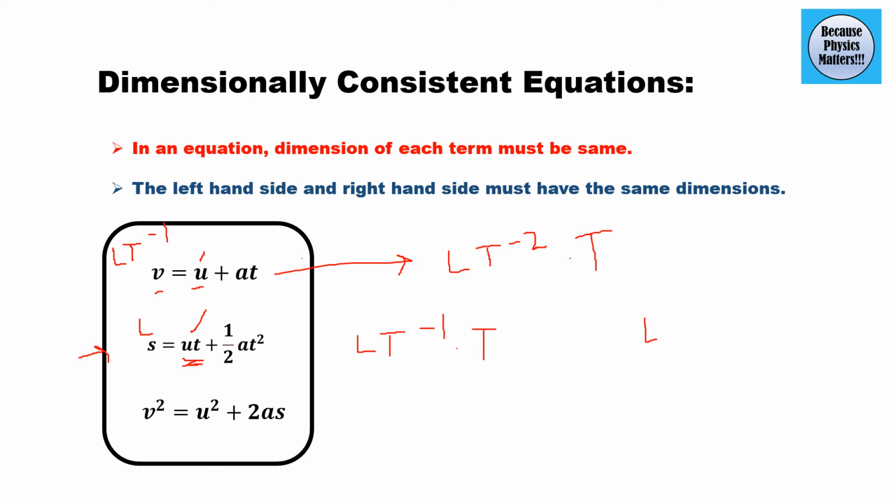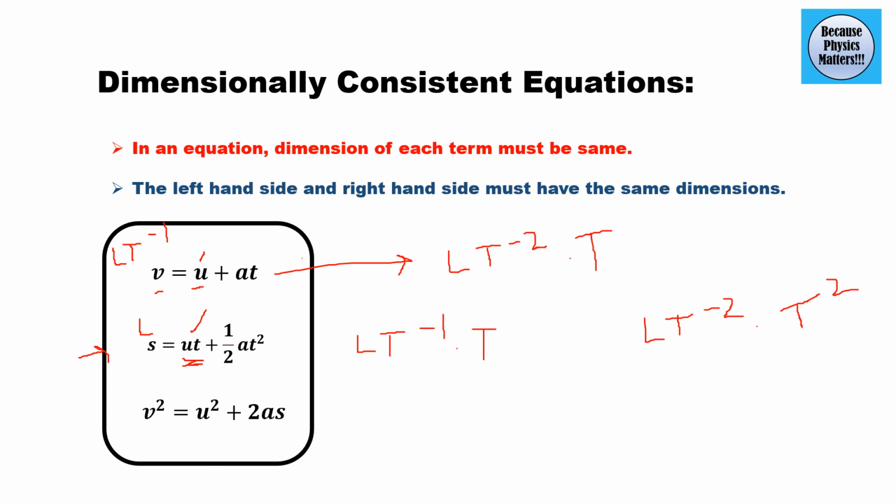A is the acceleration, so the dimension is LT minus 2, and T square is the time squared. When you multiply these two, you again get L. So this equation is again a dimensionally consistent equation.